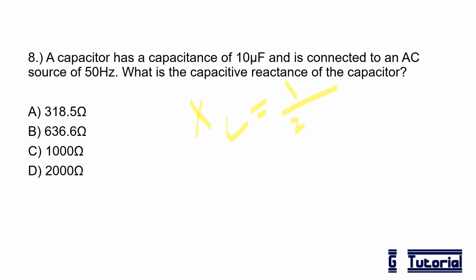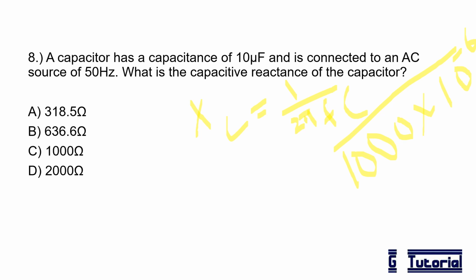So 1 by 2 pi F C gives the capacitive reactance, and 2 into 3.14 into F, which is 50, and C is 10 microfarad. So 2 into 50 is 100. 100 into 10 microfarad, which is 10 into 10 raised to minus 6, into pi gives the answer.